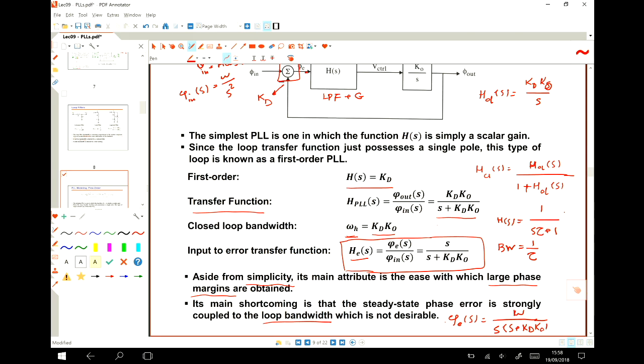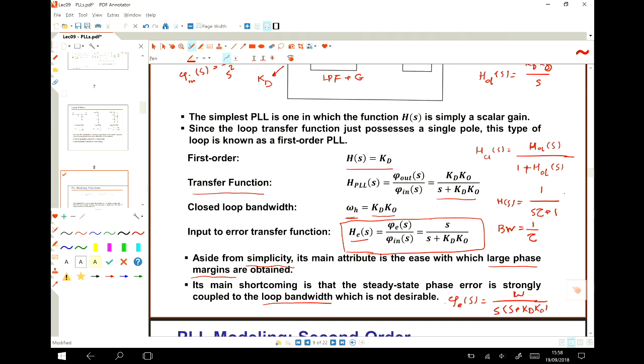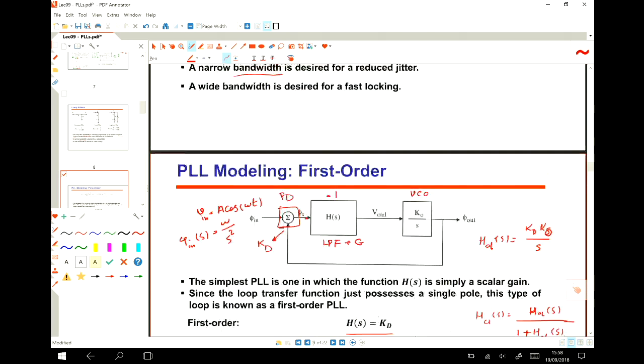All right. And actually this one is the omega in, so the frequency that we apply. So here is omega e.